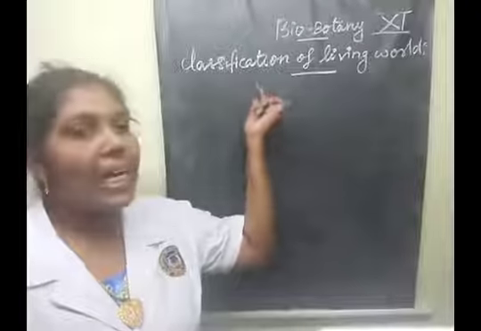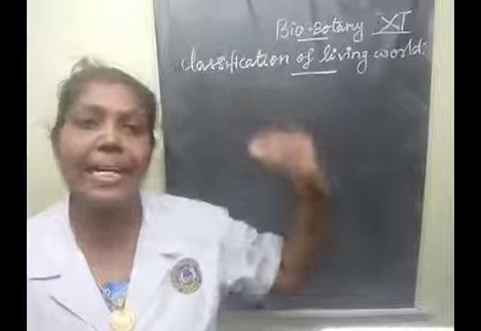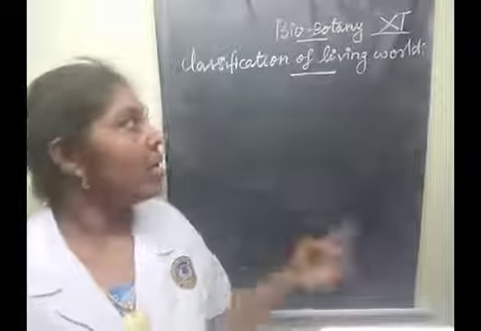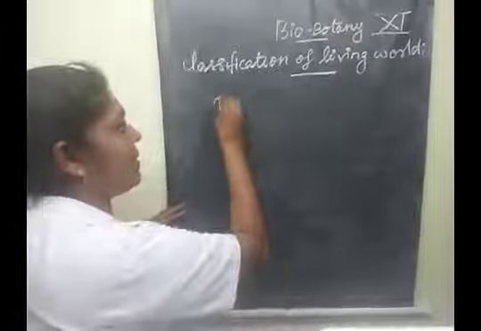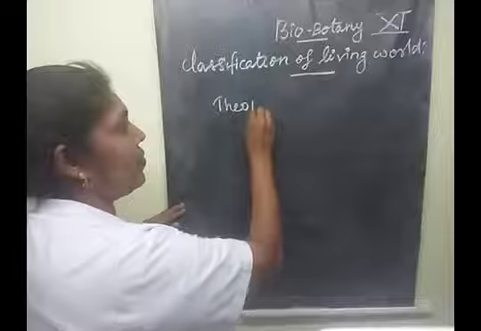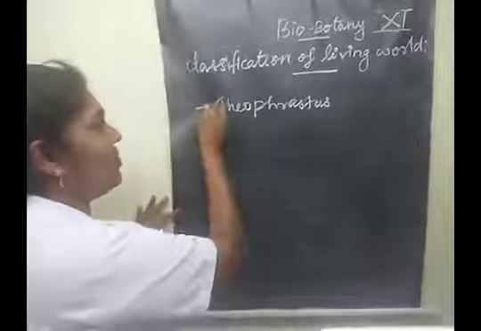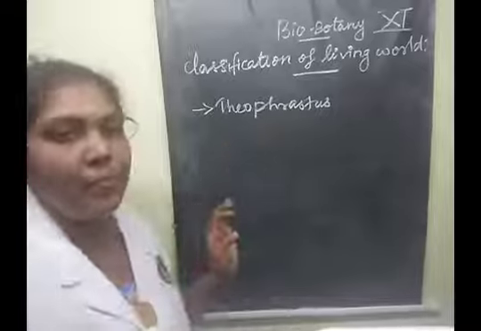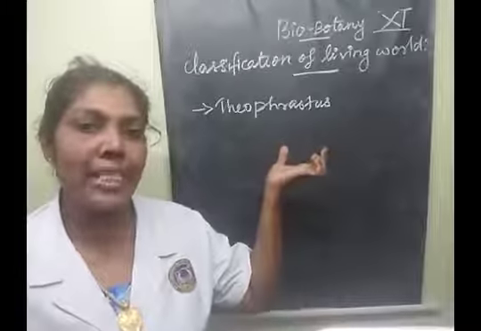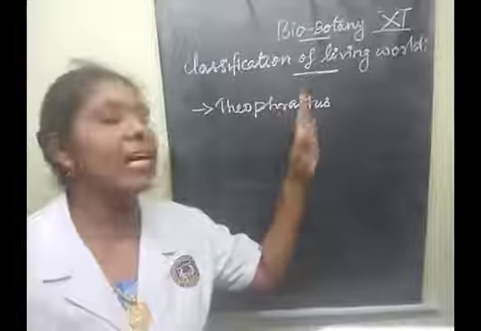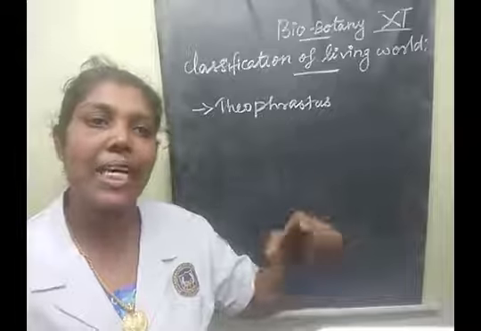First, classification in the past was made by many taxonomists, children. The first person's name is Theophrastus. Theophrastus is one of the taxonomists. This person classified living plants based on morphological characters.